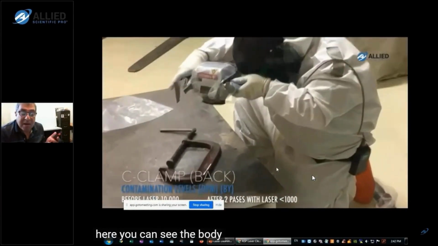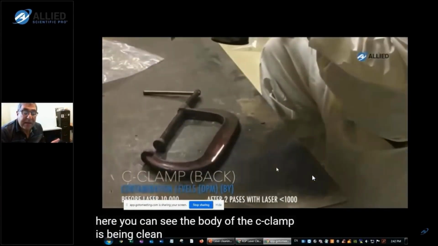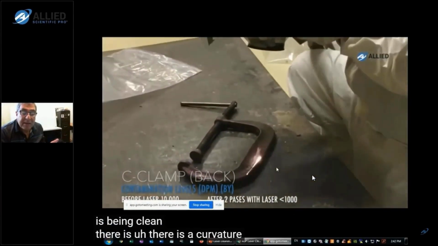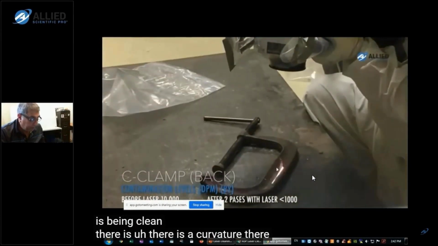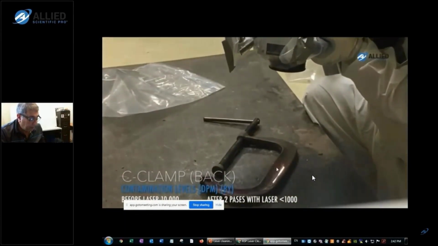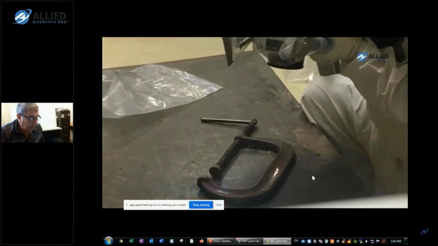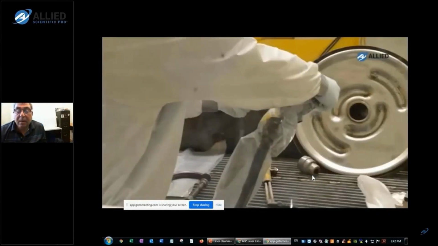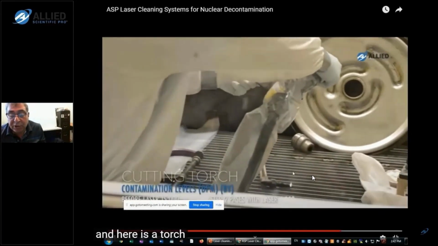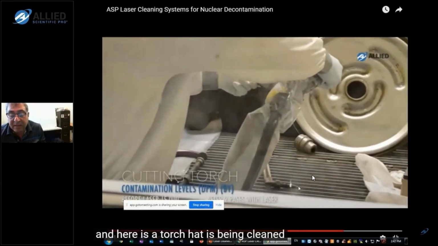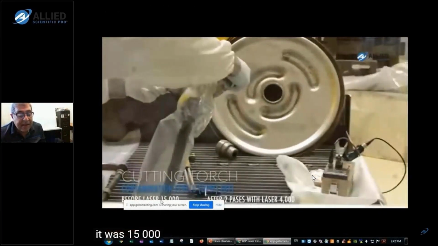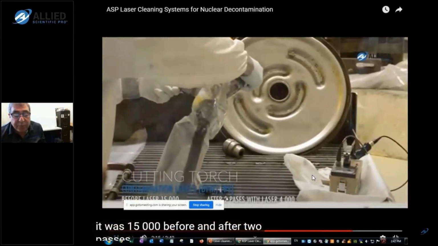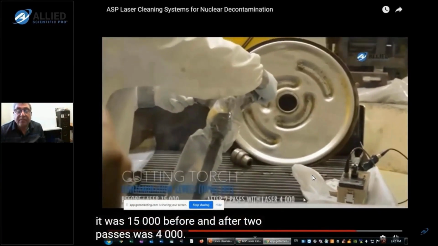Here you can see the body of the C-clamp is being cleaned. There is a curvature there. And here a torch head is being cleaned. It was 15,000 before, and after 2 passes was 4,000.